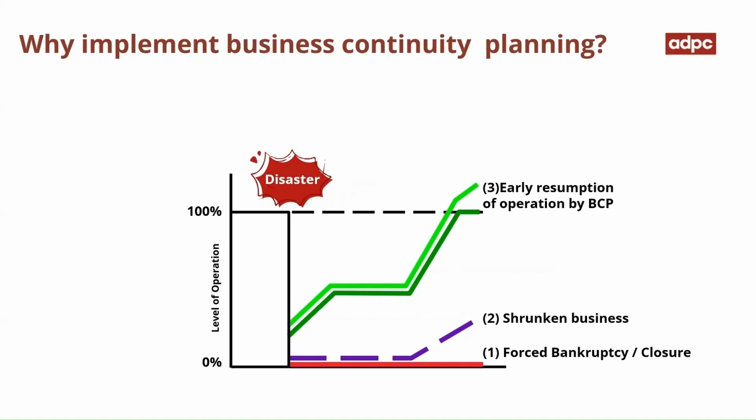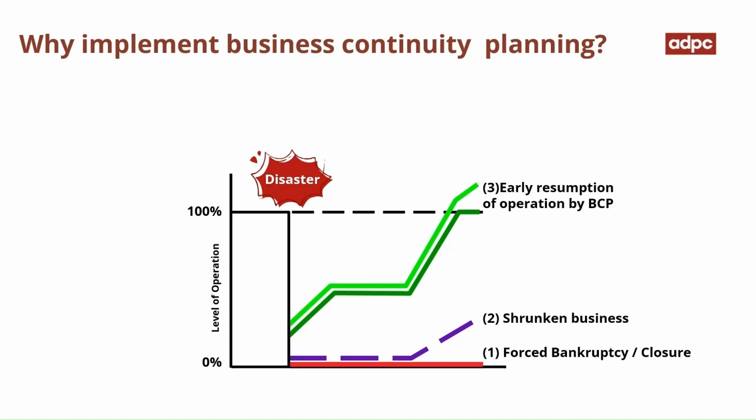The chart shown on screen compares a business with a BCP versus a business without a BCP. If there is no BCP in place, an enterprise will likely have trouble in recovering and might need to downscale its operations, as demonstrated by the purple dotted line.